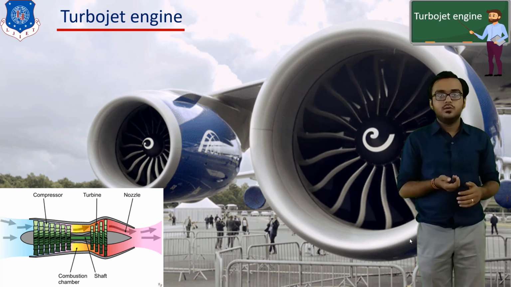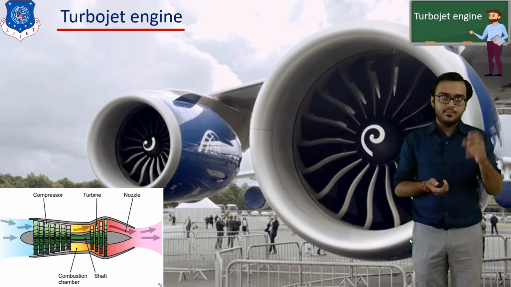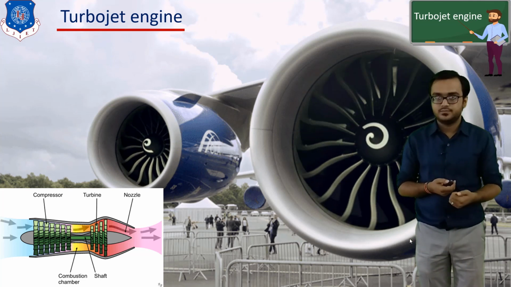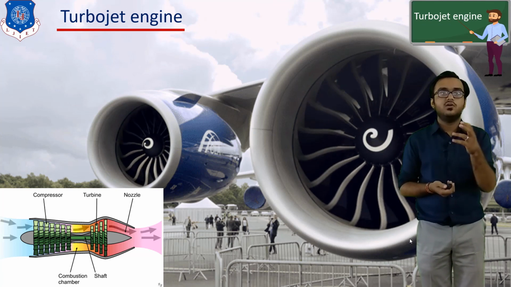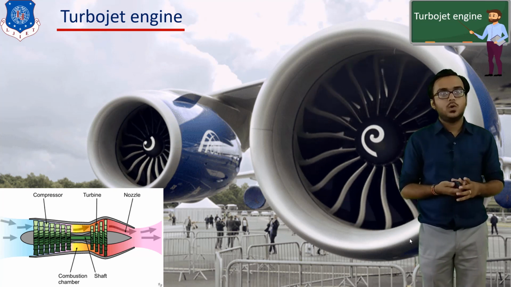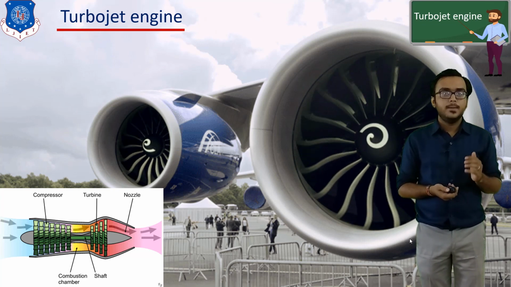They leave the nozzle and form a jet, and because of this jet the aeroplane moves in the forward direction according to the principle of jet propulsion. So it is all about the working of the turbojet engine, and it is quite an efficient engine. Clear to all?